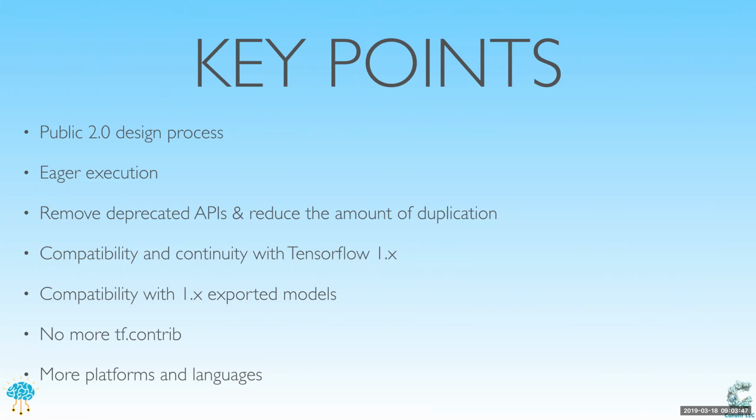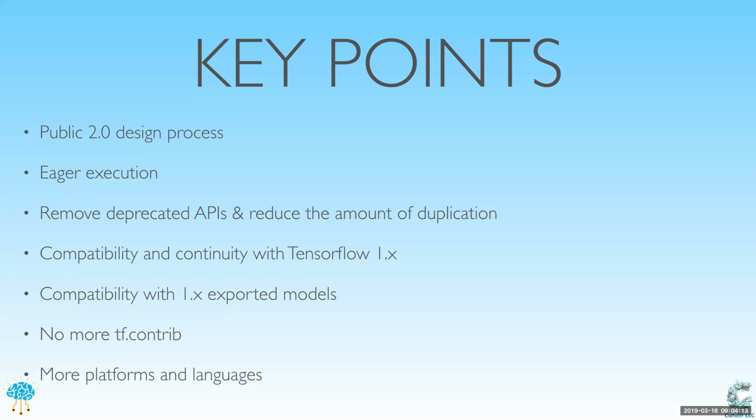So what they did, they announced the 2.0 in August, and then they opened for a public design process, which we'll see what it means, so that people could contribute ideas and define the changes collaboratively. So that's been a big thing and quite active.